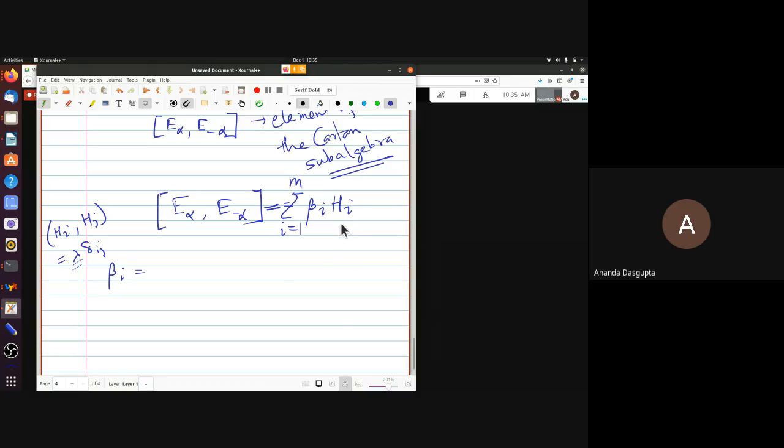So what I do is just take H_i dagger, but H_i being Hermitian, H_i dagger is the same as H_i. This is the state ad E_alpha, E_minus alpha, on which you apply ad H_i dagger and take the trace. And that gives you beta_i. Actually, it doesn't give you beta_i, you have to multiply this by 1 by lambda to get beta_i.